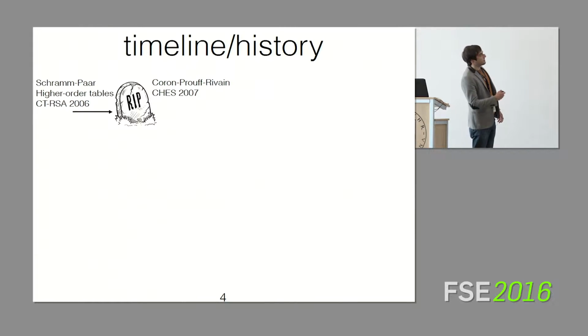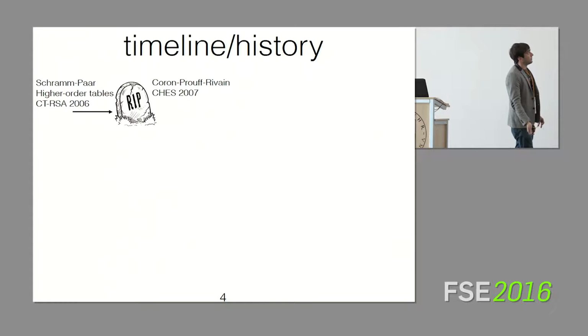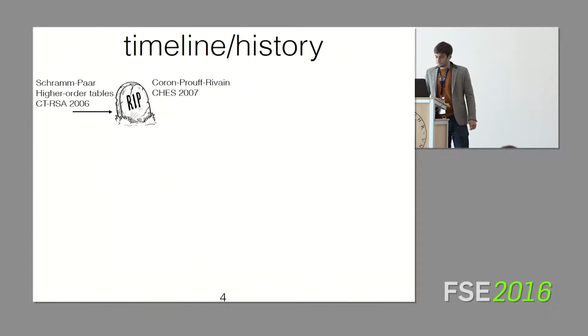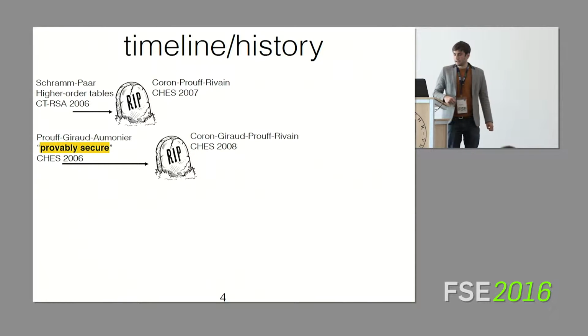Kai Schramm and Christof Paar published at CT-RSA a method to perform a table lookup, supposedly providing higher order security. And they gave examples for AES. Their scheme was broken one year later by Jean-Sébastien Coron, Emmanuel Prouff, and Matthieu Rivain. And there are many other examples.